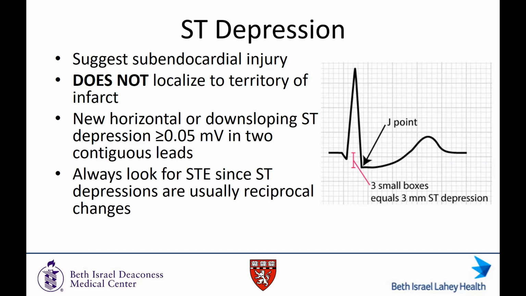I think a big takeaway here is if you see ST depressions, always check for reciprocal changes. Especially if you're worried about ischemia, look for ST elevations in other leads. I think the horizontal or downsloping thing that you put here is really important. So I think this is a great EKG, a great tracing to use as an example. I would consider this horizontal to slightly upsloping because you can see it's like horizontal and then slightly upslopes.